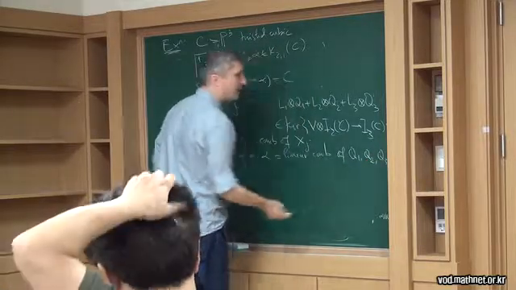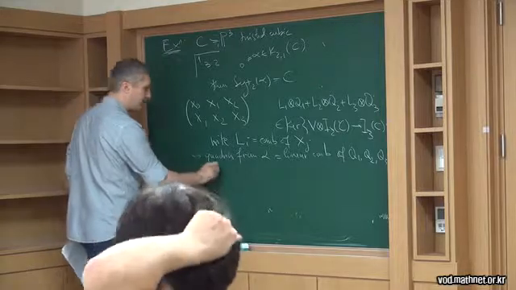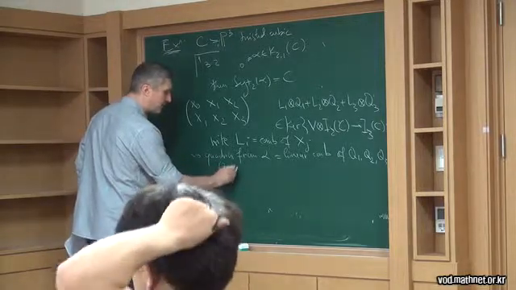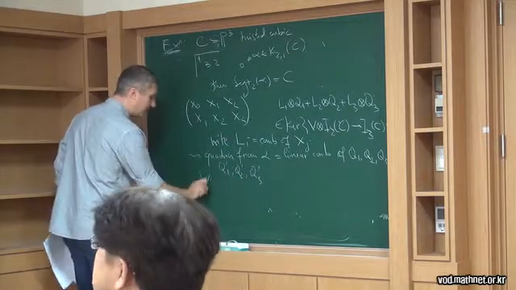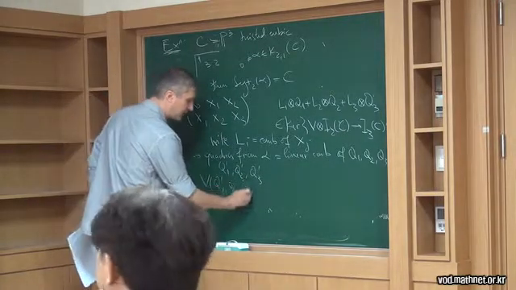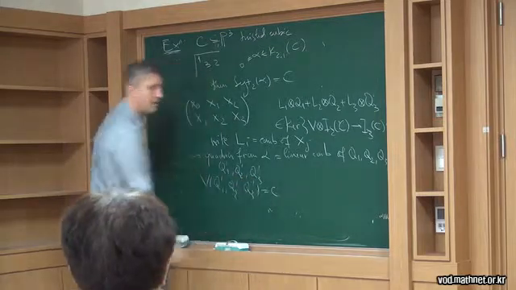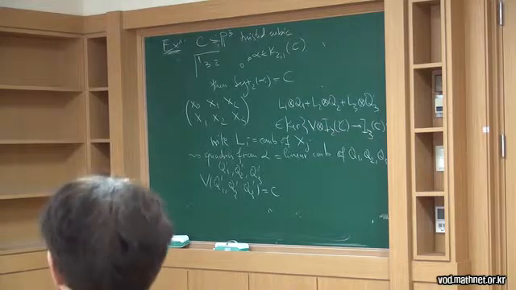And they are independent. So let's call these Q1 prime, Q2 prime, Q3 prime. So they give the same zero set as the original quadrics.